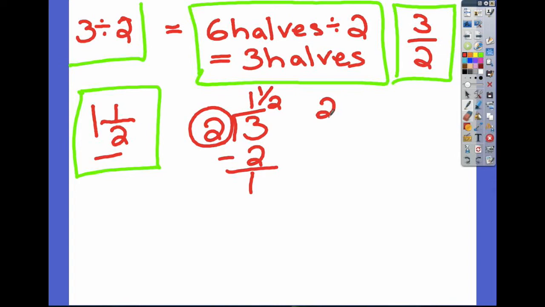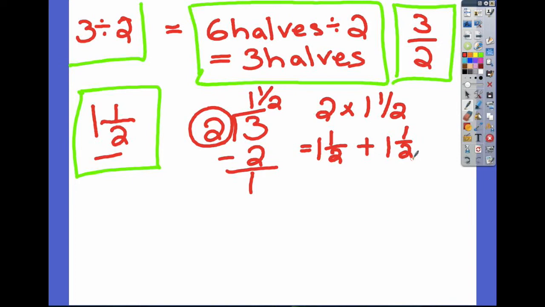Okay, so you need to make sure your papers look like this, guys. 2 times 1 and 1/2. And when I multiply times 2, couldn't I say it's the same as 1 1/2 plus 1 1/2? Because I'm taking this number 2 times.